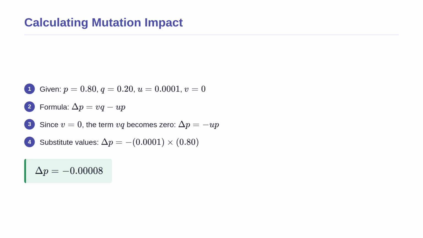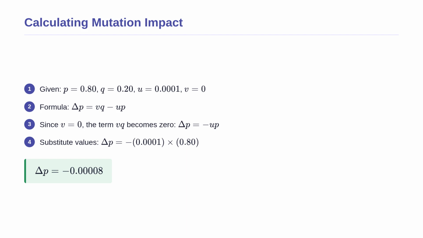Let us see this formula in action with a concrete example. Suppose a population of beetles has an allele capital A with an initial frequency of 0.80 and an allele lowercase a at 0.20. The forward mutation rate is 0.0001. The backward mutation rate is so small, we assume it is 0.